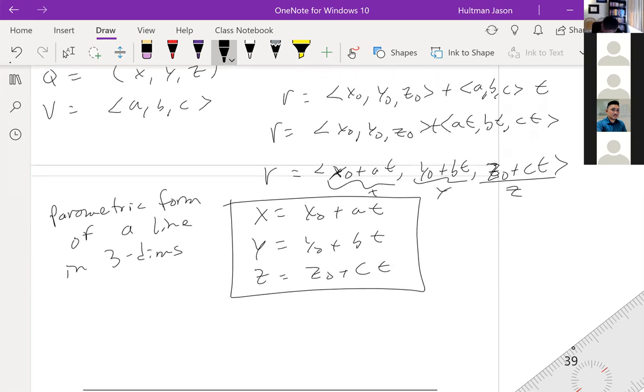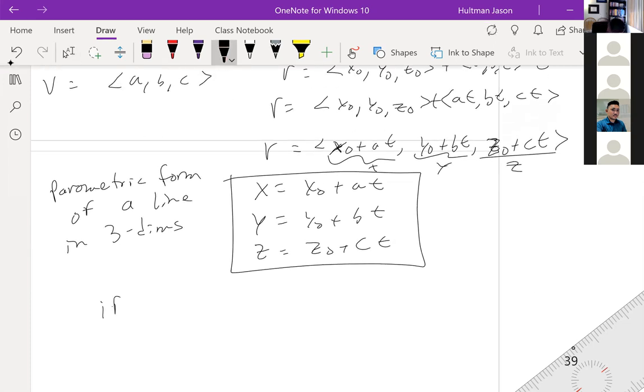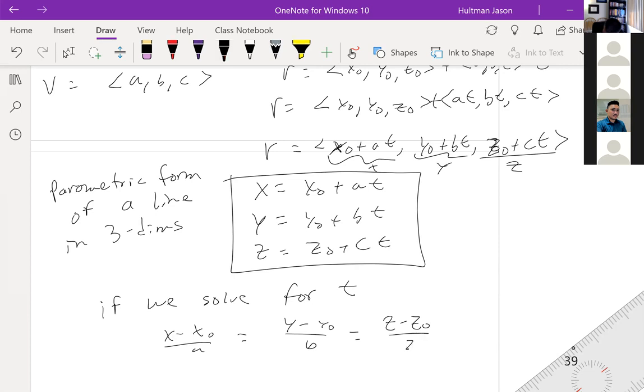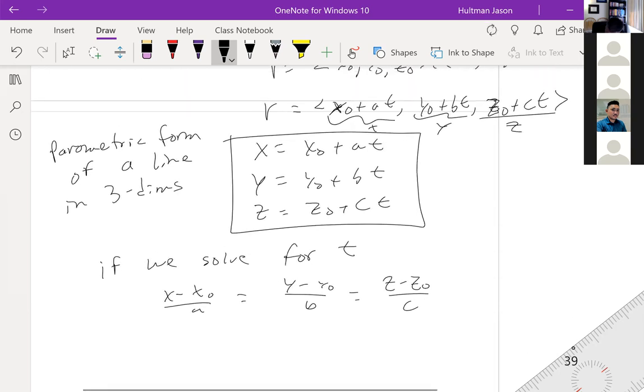If we solve for t in each of these, we could say that (X minus X naught) over A is equal to (Y minus Y naught) over B is equal to (Z minus Z naught) over C. These are called the symmetric equations.